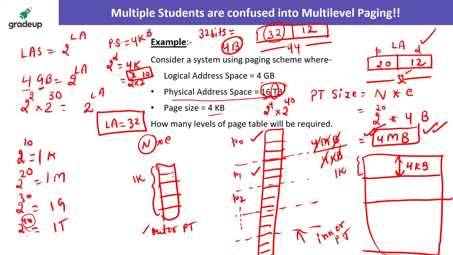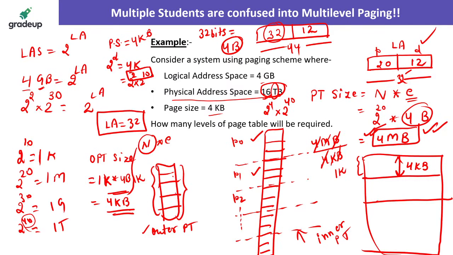The outer page table size is equal to 1K, and E is always fixed at 4 bytes. So now the outer page table will be 4 KB. Now this 4 KB you can keep in one frame, because now it is okay.